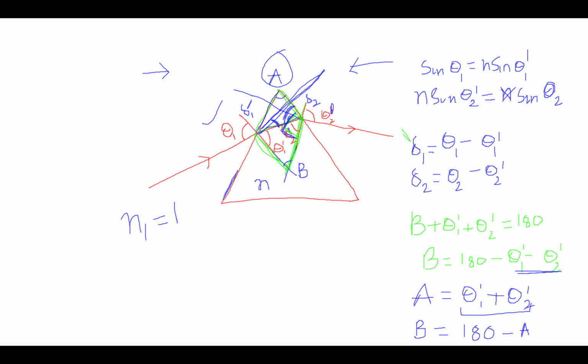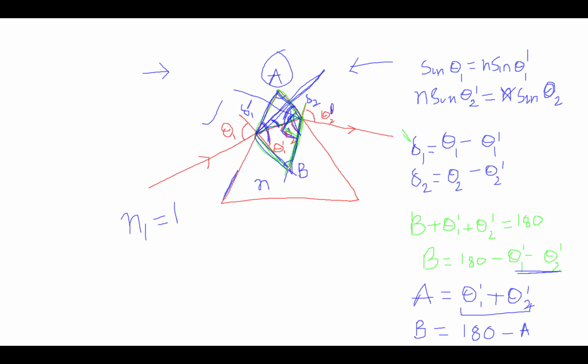If you look at this quadrilateral, A is at the top. So angle A plus angle B plus these two other angles, whatever these angles are, should equal 360 degrees in a quadrilateral.